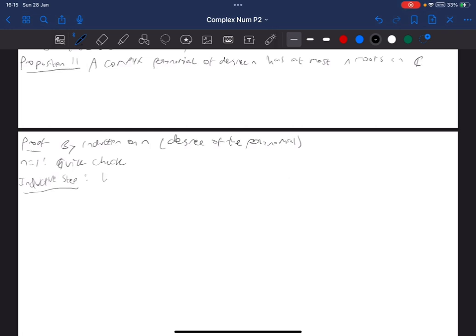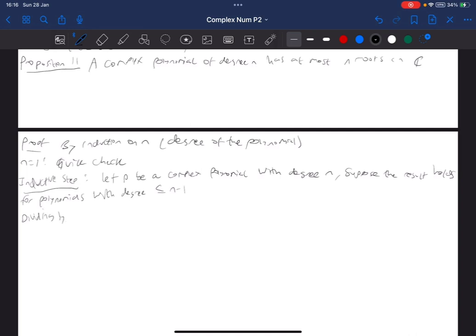So the inductive step is to, well, let P be a complex polynomial with some degree n, and suppose the result holds for polynomials with degree less than or equal to n minus 1, and then dividing by the leading coefficient there, well, that doesn't change the roots, does it, exactly?